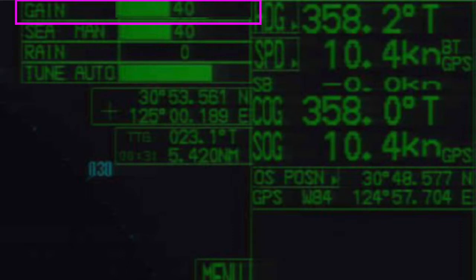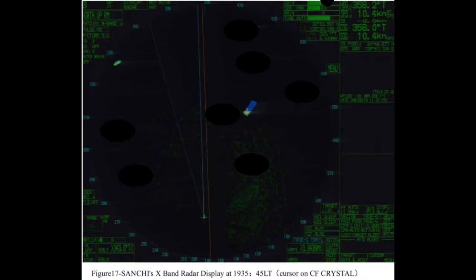Okay, right now we reduce the gain from 67 to 40%. So we hope to reduce all the targets, leaving only the stronger echo targets. That means bigger vessels remain on the screen.